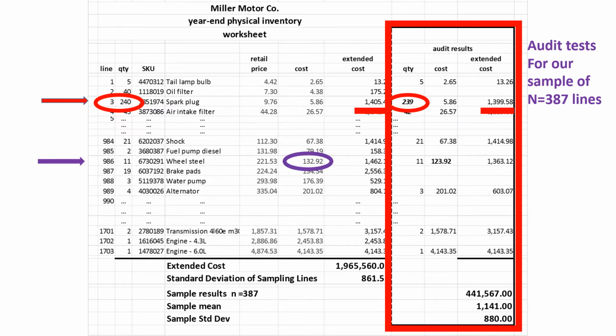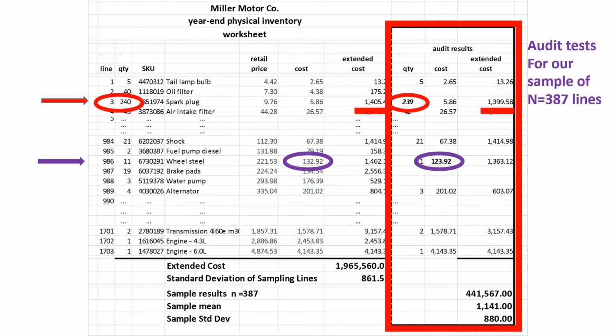So these steel wheels, they say they cost $132.92 apiece. How are we going to audit the cost? With quantity, we can go out in the warehouse and count these 387 items. While we're out in the warehouse, we've got some other auditors going through the purchase invoices to see how much they actually paid for these items.